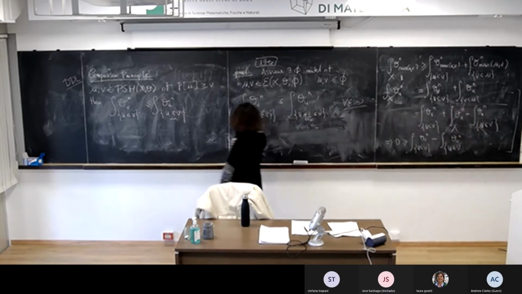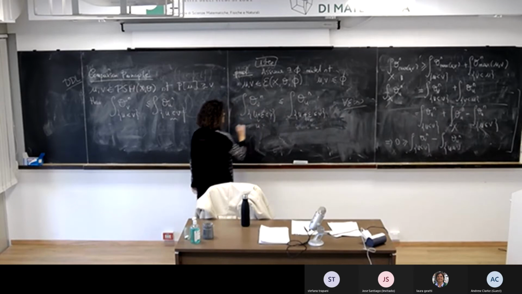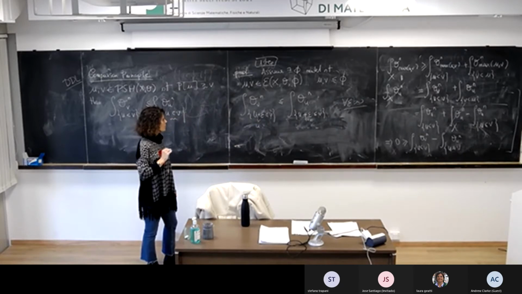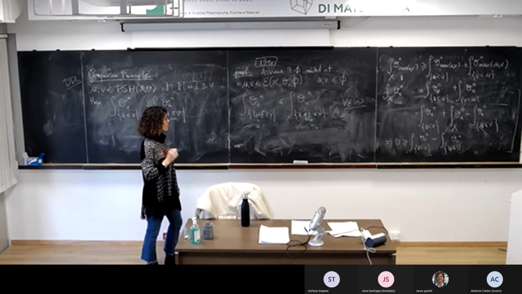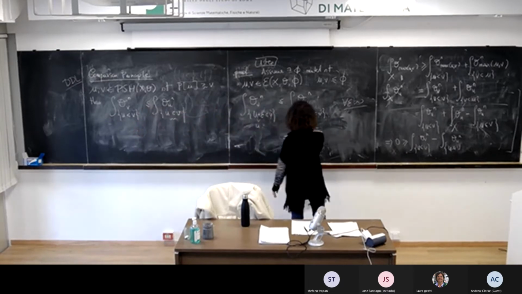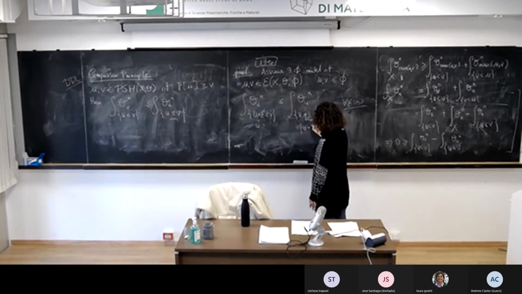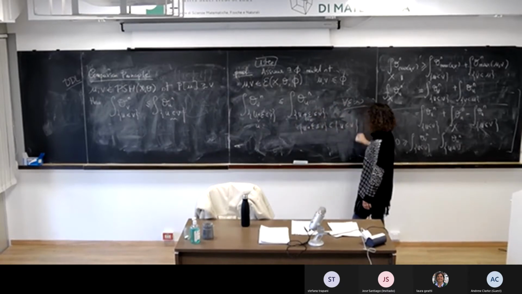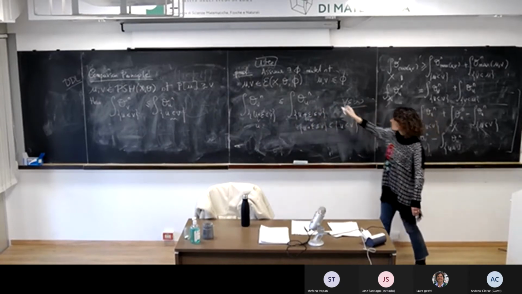This is still even bigger than U. U plus epsilon of B is contained in U strictly, and this is less or equal.